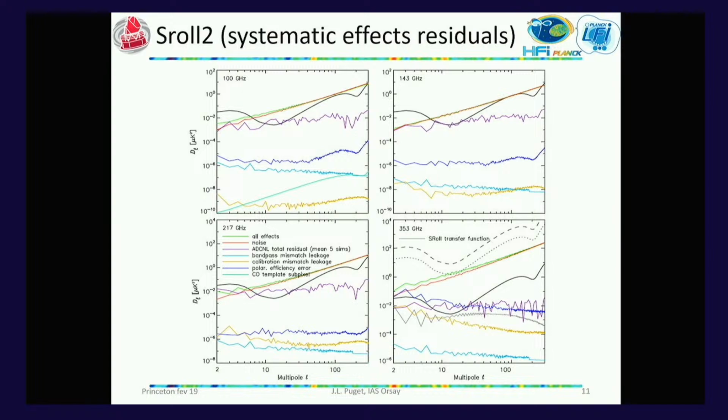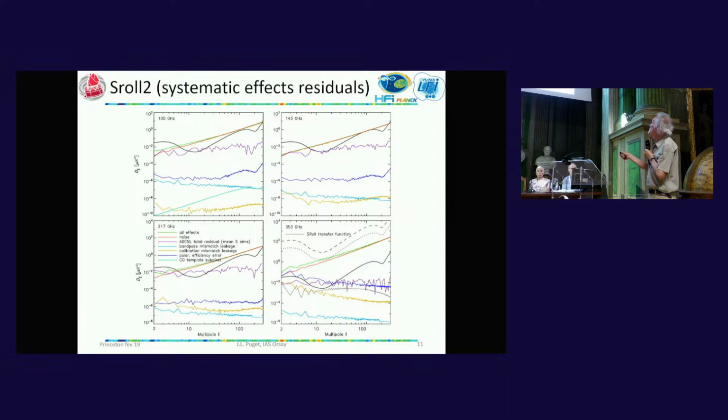basically, if you plot for a frequency the systematics, the noise is the red line. This is the ADC non-linearity, and all that is the other systematics that we brought well below the noise.